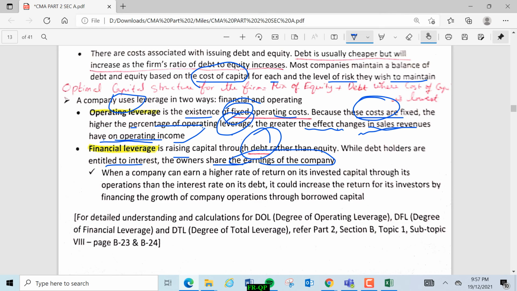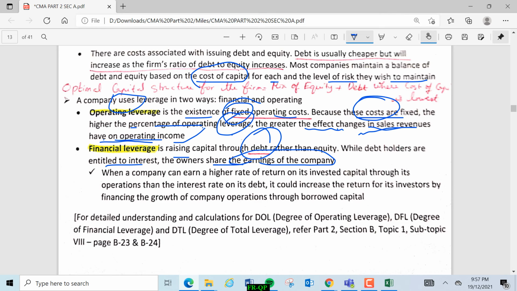So financial leverage tells you that you should raise the fund from debentures rather than issuing more equities, provided you have a return more than the interest. But this situation will not work if your cost of interest is more than the return.